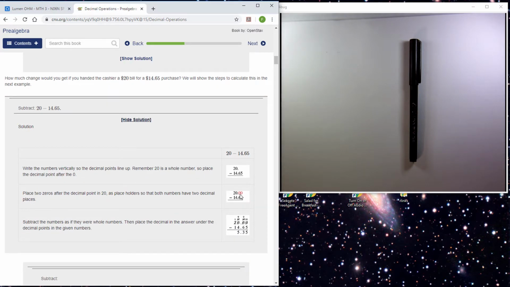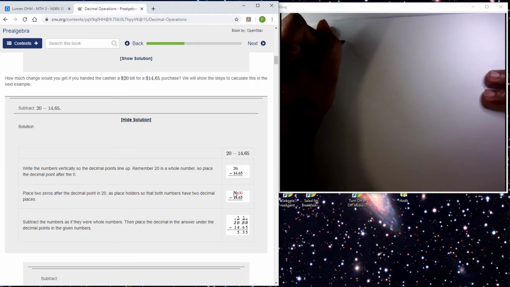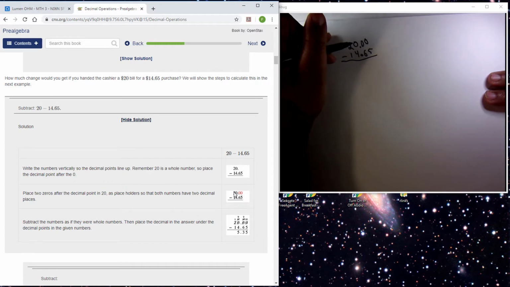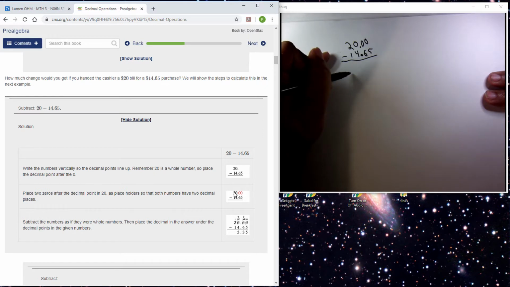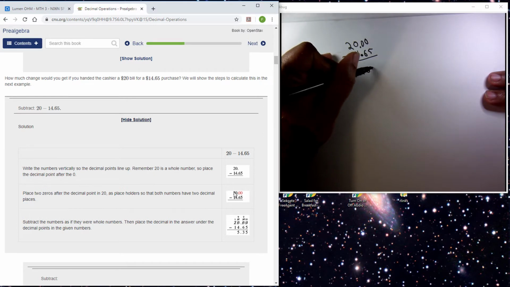You can't take away 5 from 10, so you've got to borrow. Now notice here, everything is going to roll back at least 1. To begin, they had 20, and then they have here 14.65, and they're subtracting. 20 doesn't go out to the hundredths place, so they put zero placeholders here. Now when they're subtracting, you subtract as if they were whole numbers.